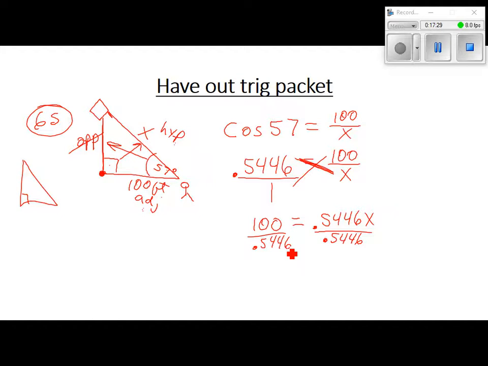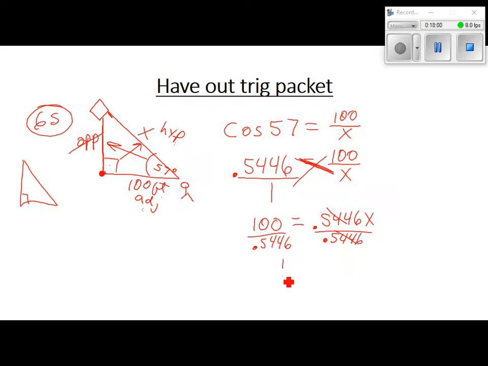Now, when I tell you to split it up into piles of 50 cents, how many piles are you going to have? 200. So what happened to the number? It went up. So when I divide this, what should happen to my 100? It should get bigger. And I should know, hey, it's going to be somewhere around 200 or fairly close to 200. Now divide it on your calculators.